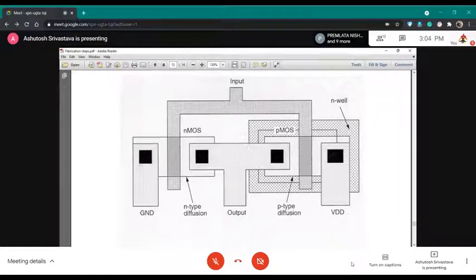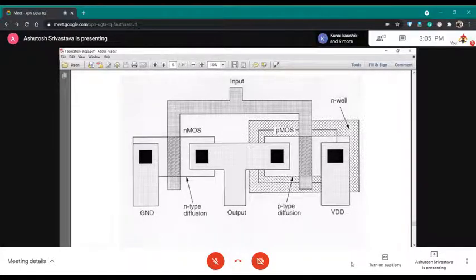And here in your NMOS, the source is connected to your ground. Well, here the source is connected to your VDD in your PMOS. And the drain of NMOS and PMOS are connected to each other as well as the output.